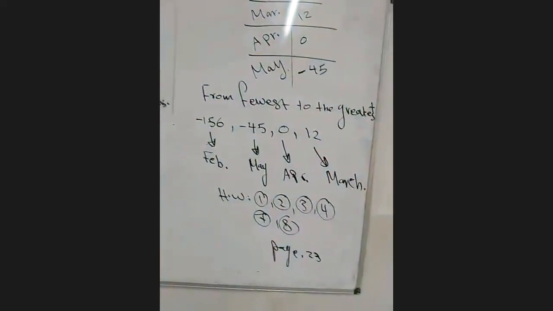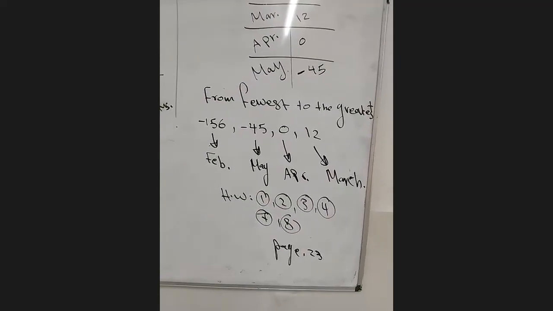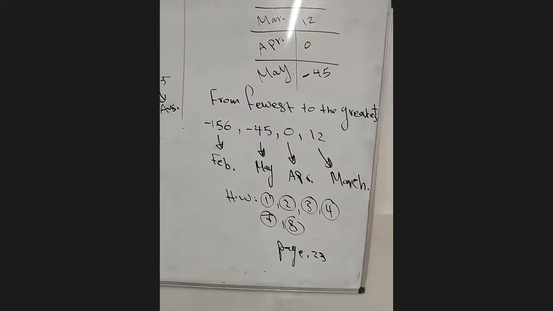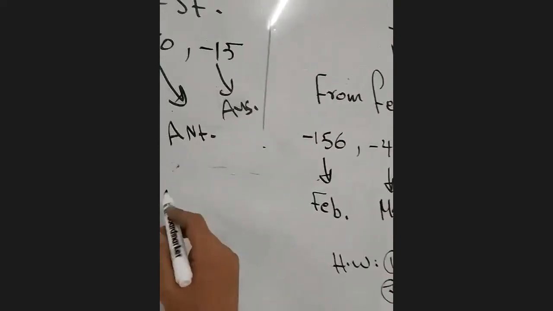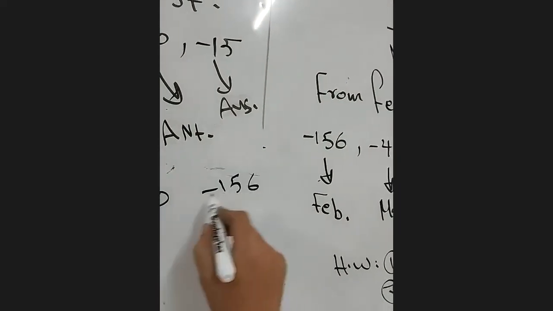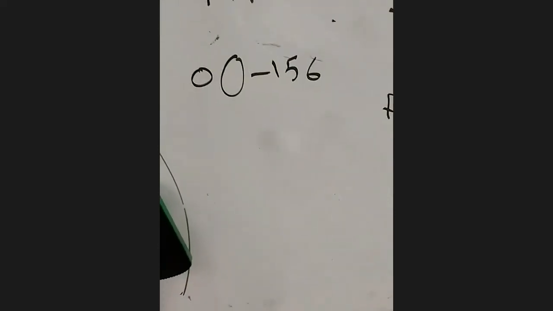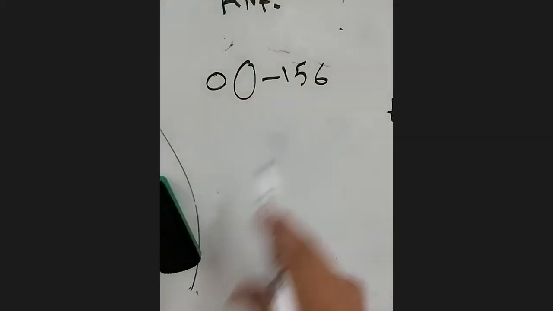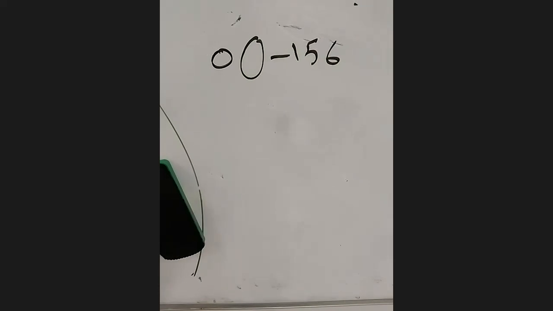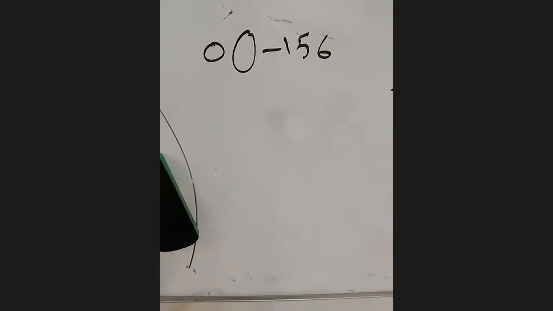We have Ubay, Hamza, Muhammad Kamil, Tamim. Hamza. Yes, Mr. Yes, what's your question? Mr., if you have 0 and negative 156, which one is bigger? 0, of course 0.